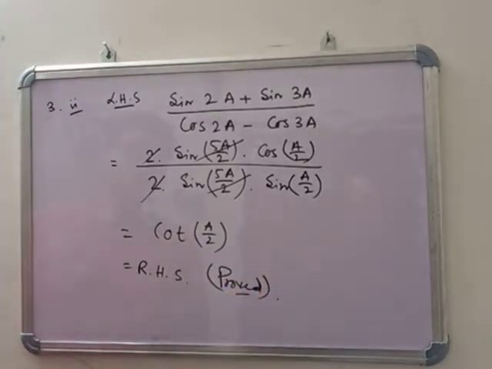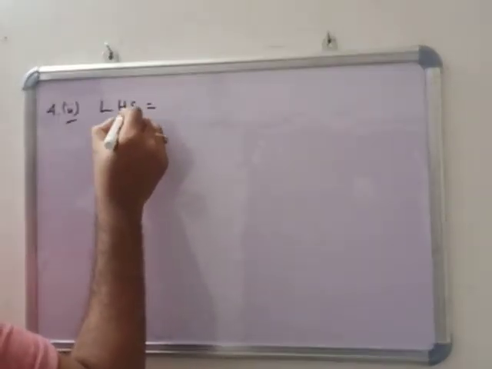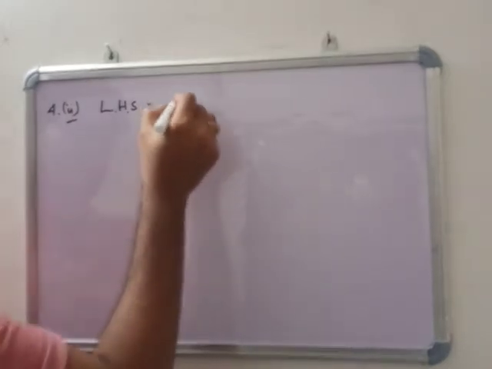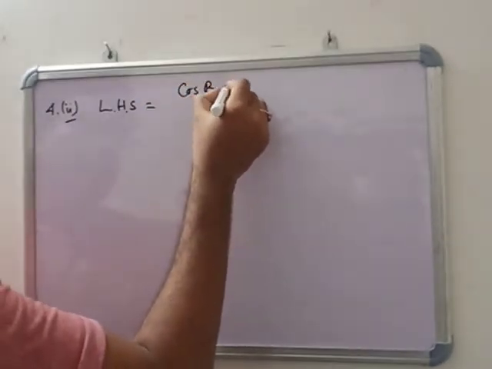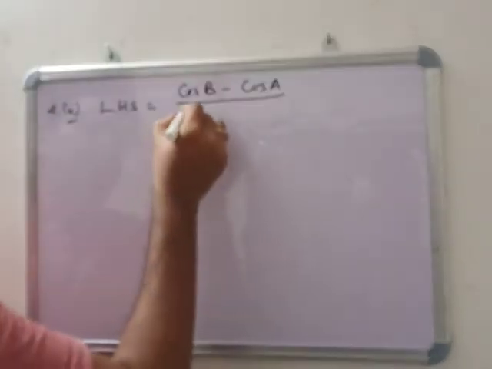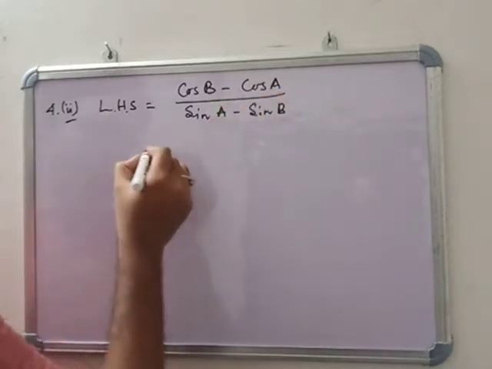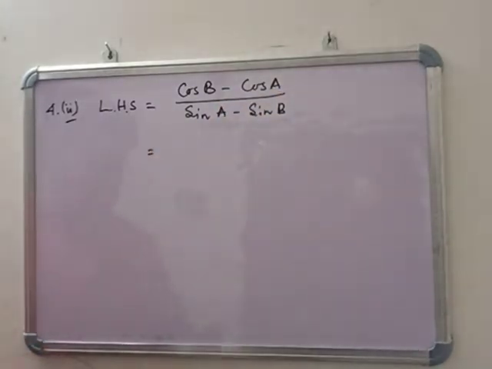Okay, note it down. Now in 4.8.2, LHS, see that cos of B minus cos of A by sine of A minus sine of B. So that means same problem.